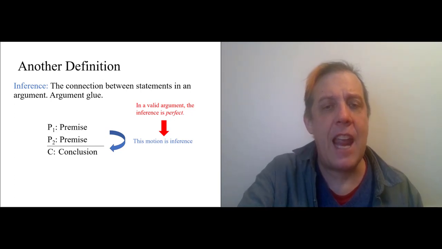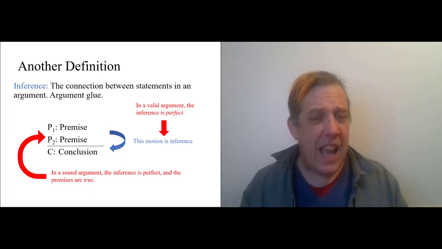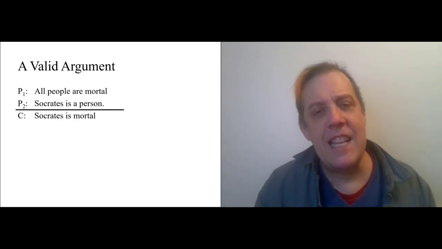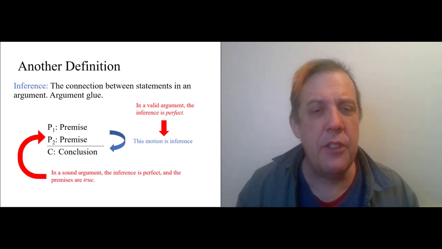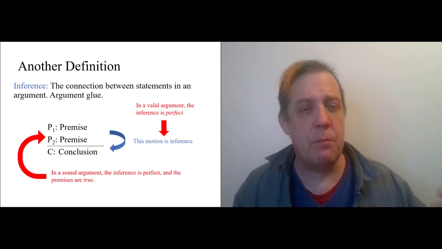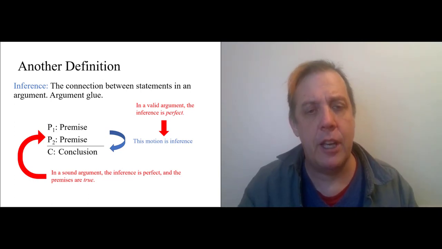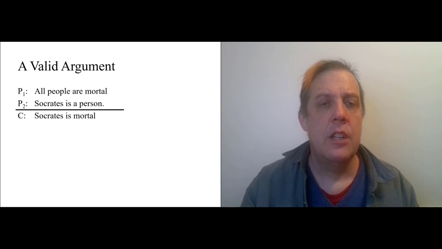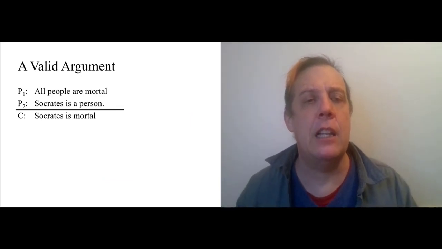So it's about the arrow. When we say that an argument is sound, we say that it's valid and, go back, the premises, here just premise 1, premise 2, they are true. Okay? So here is one of the standard examples of a valid argument.